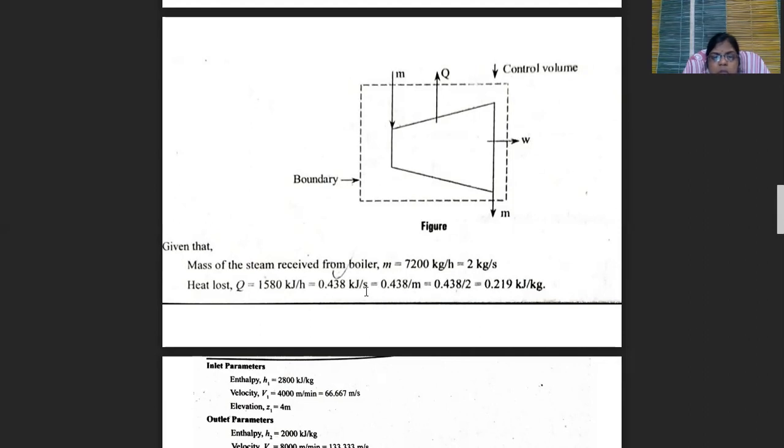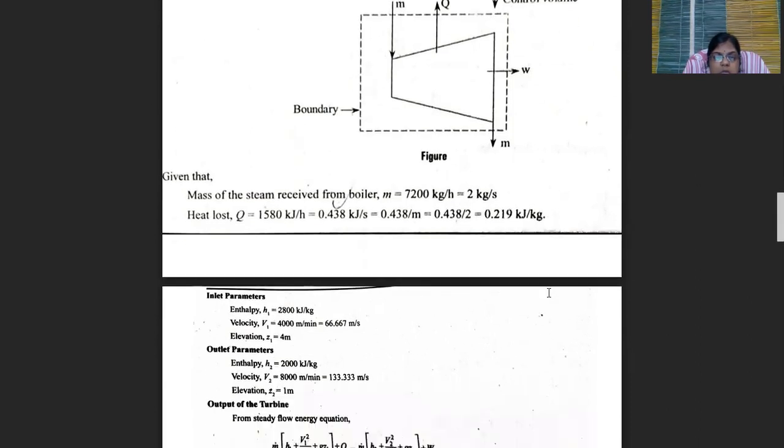So 0.438 kilojoule per second and 2 kg per second. So 0.438 by the mass of the steam. What is the mass of the steam? 2. So Q is equal to 0.219 kilojoule per kg heat lost.